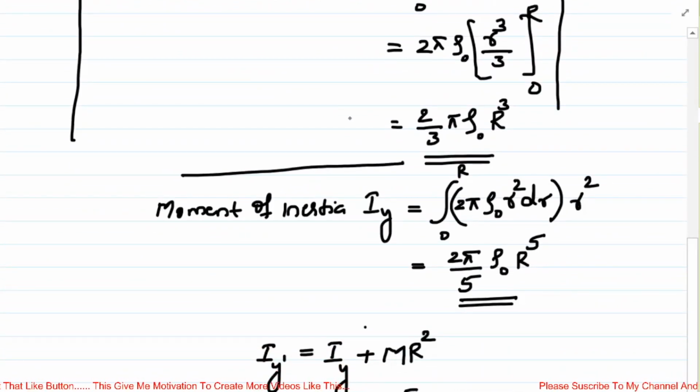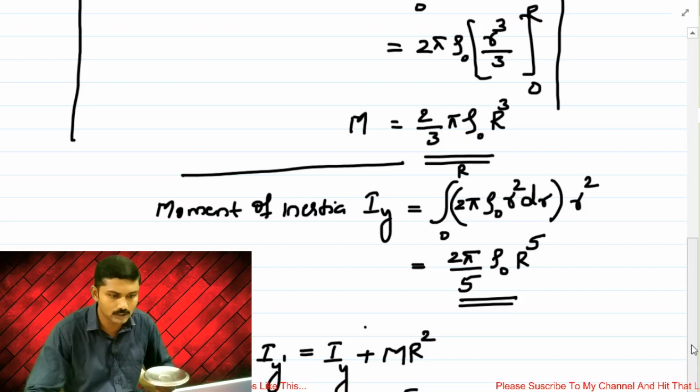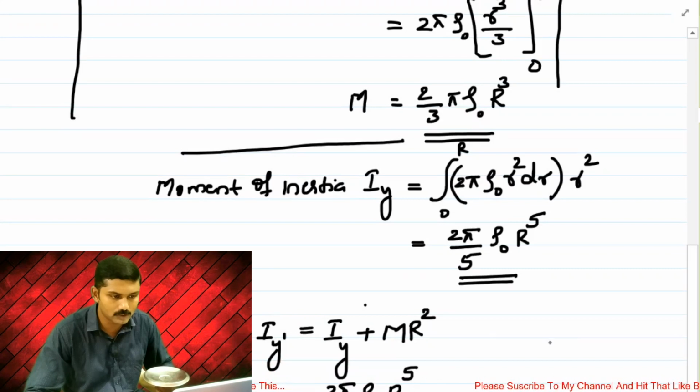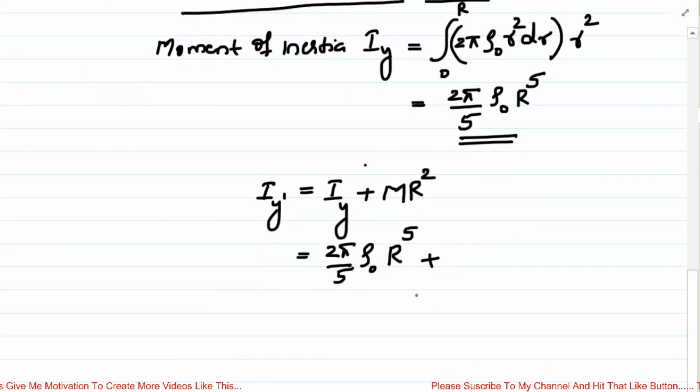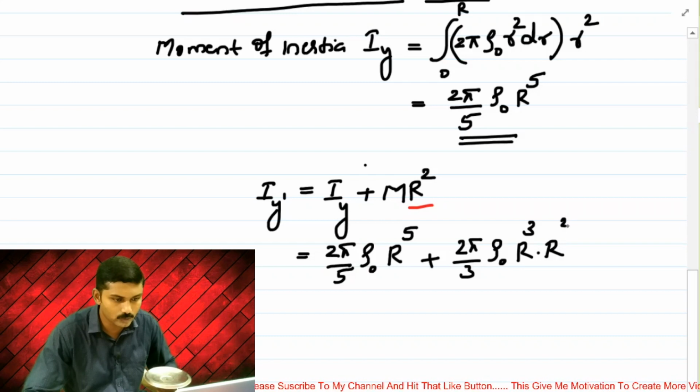In place of this capital M, I can substitute that value, because the other terms are in powers of 5. So I can give it as 2 pi by 3 rho naught r power 3 multiplied by this value of r square.